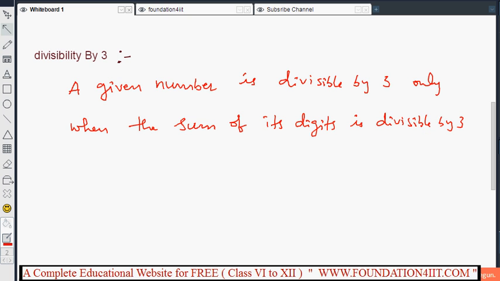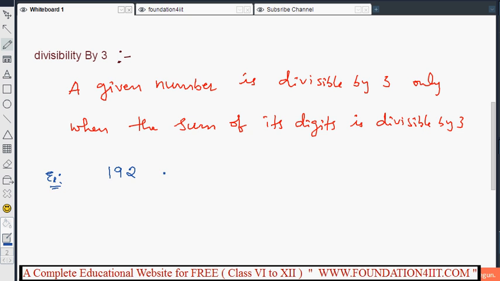So the condition is very clear. If any number is given, we need to add all its digits first. If the sum is divisible by 3, then the given number also is divisible by 3. Take an example, 192.